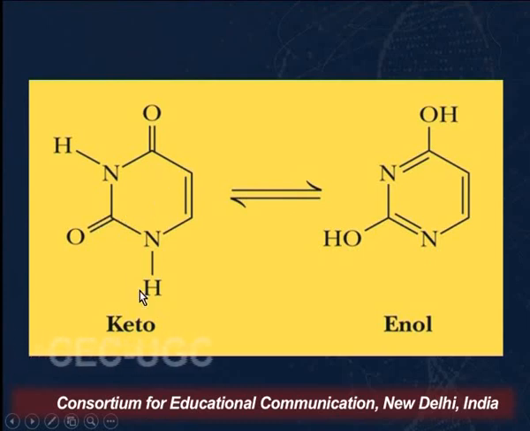Then there is migration of hydrogen from nitrogen to oxygen, and there is a double bond between this nitrogen and this carbon. This form is known as the enol form. So the keto form, or the lactam, is where we have a carbonyl group, and the enol form, or the lactim, is the one where we have an OH attached to a double bond.